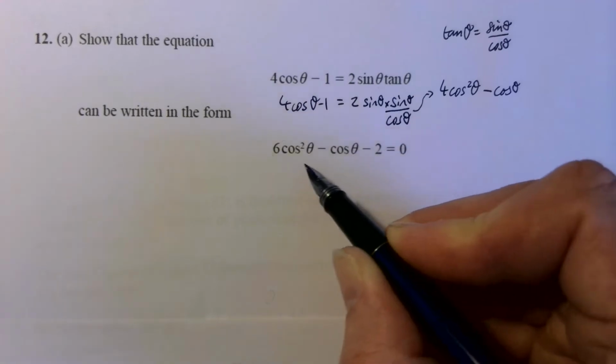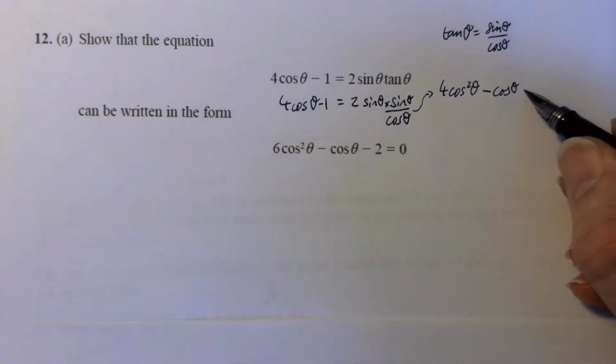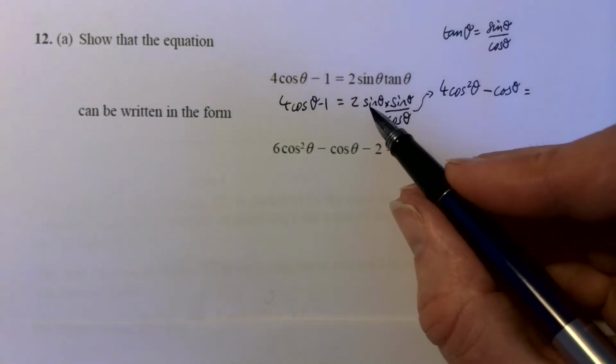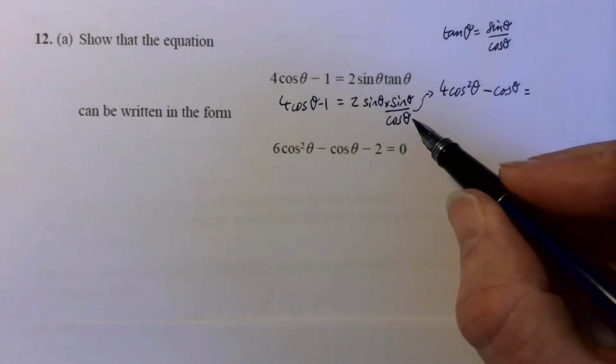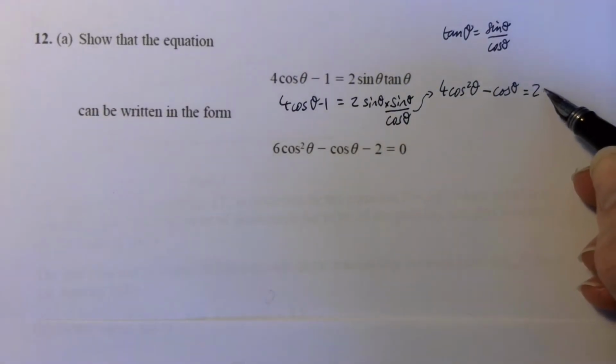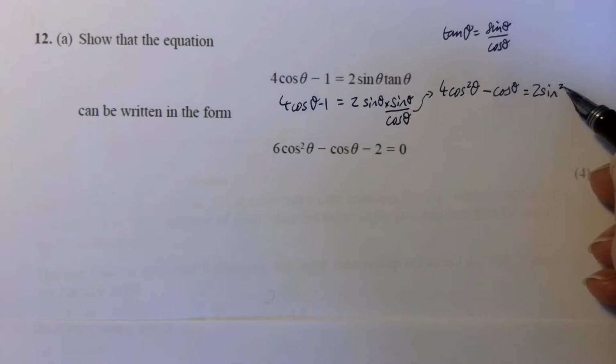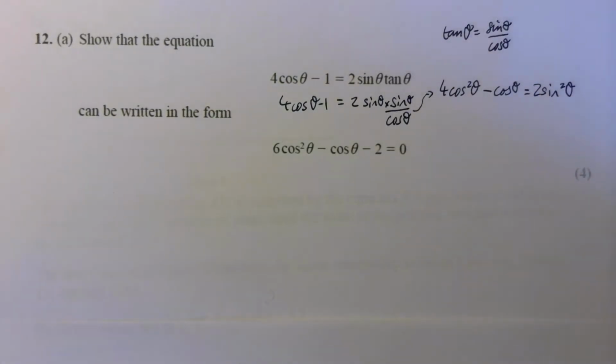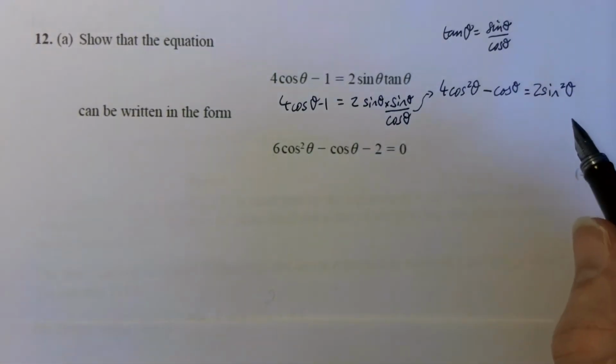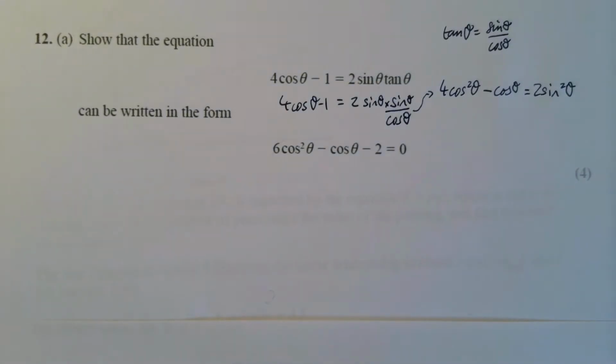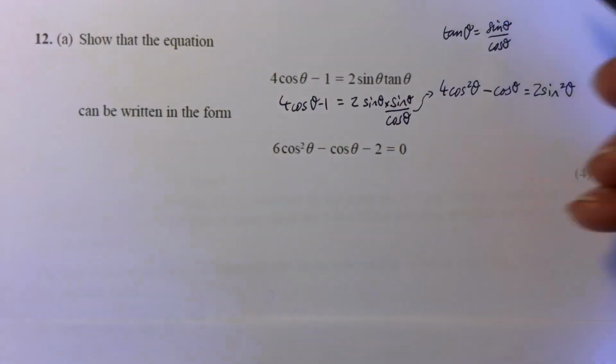And already we're starting to look like what we want. And that is equal to, well, the divide by cos theta is gone, and we've got 2 sine theta times sine theta is sine squared theta.